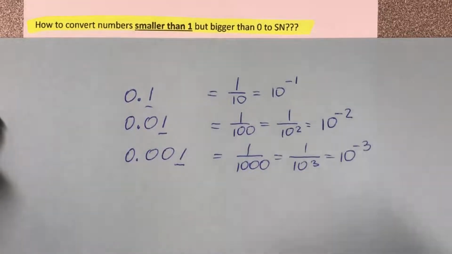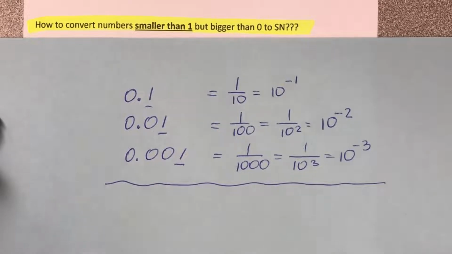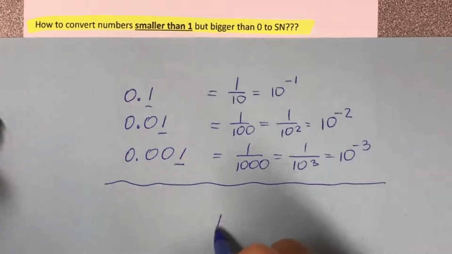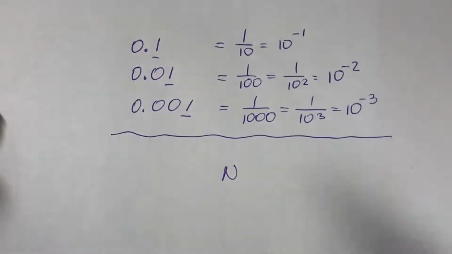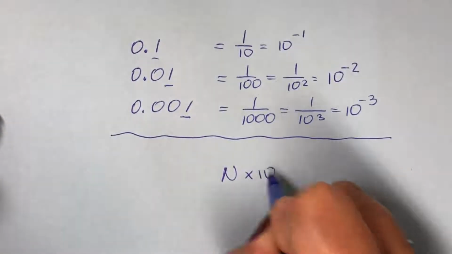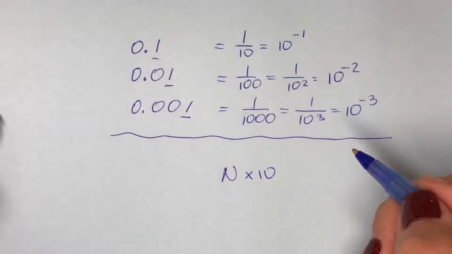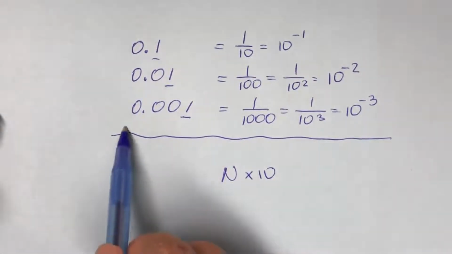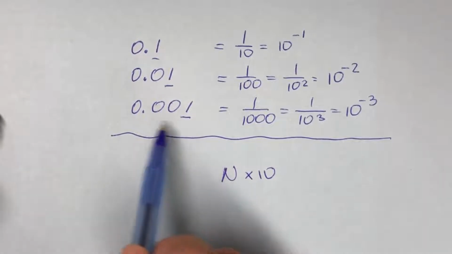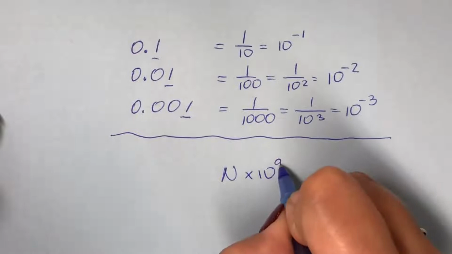In scientific notation, we must have a number that is between 1 and 9, so a quick reminder, times the power of 10, that could be positive or negative. And today, since we're talking about digits that are less than 1 but bigger than 0, our exponents will be negative.